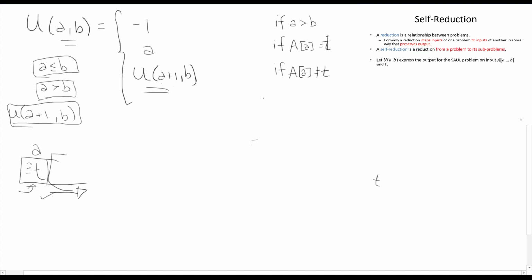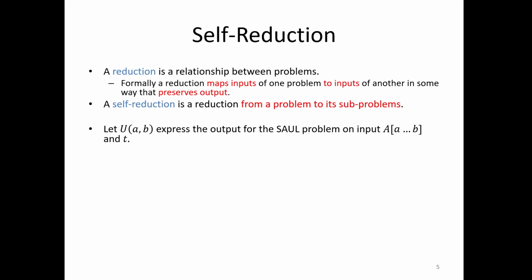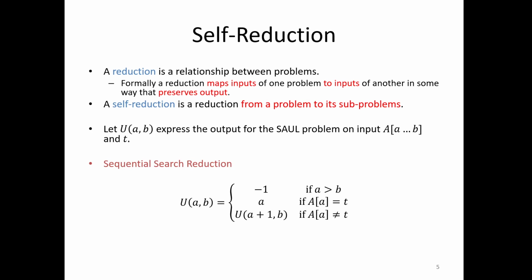All right. So this is our first example of a self-reduction. And again, we can maybe see this here on the slides. I've got the same example here. This self-reduction allows us to create effectively a recursive algorithm for searching an unsorted list.